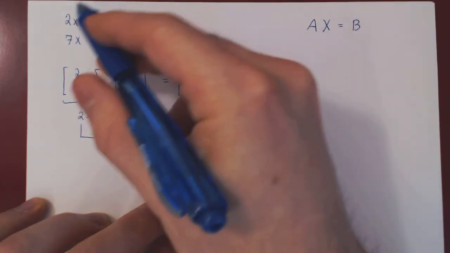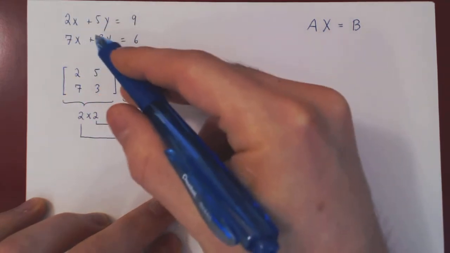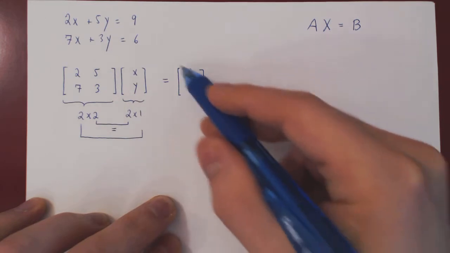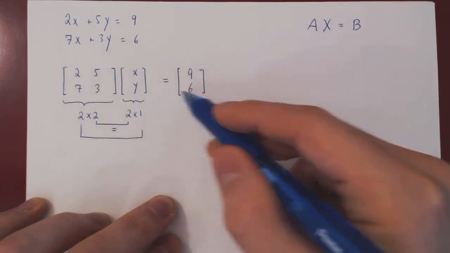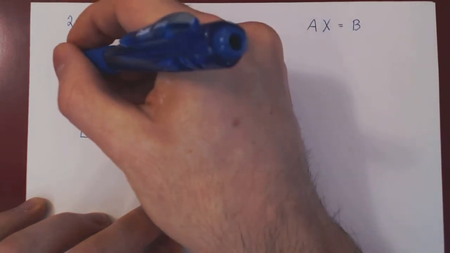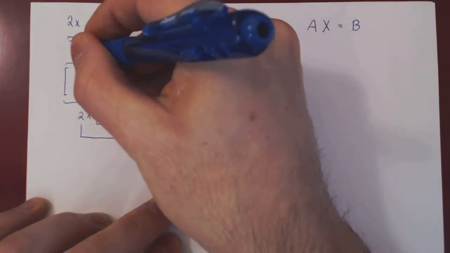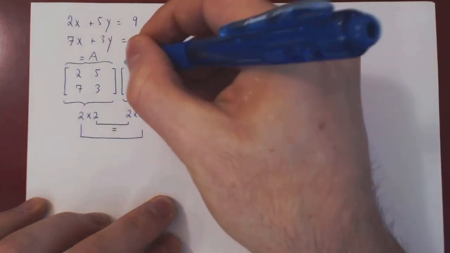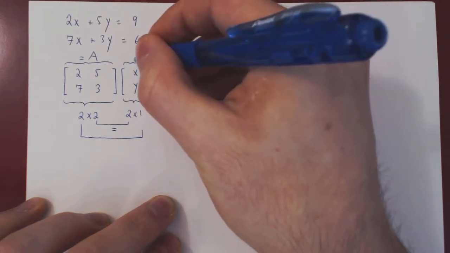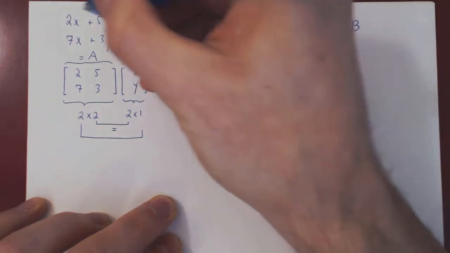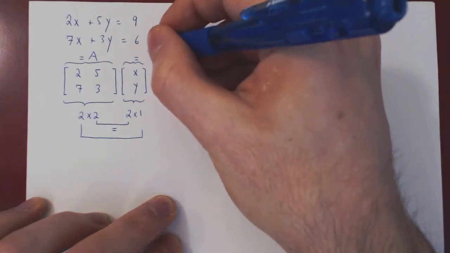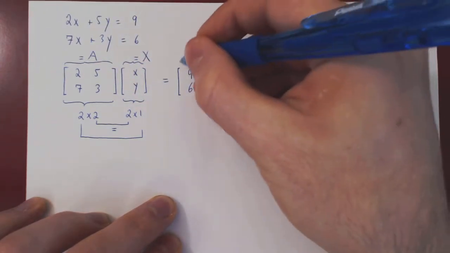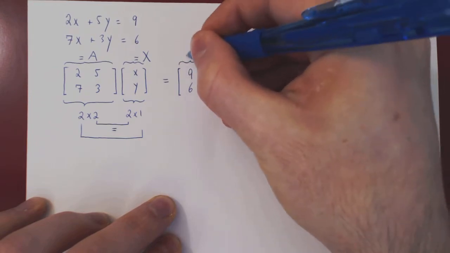We now have rewritten the linear system into an equation with three matrices. A times X equals B. Of course, here we use uppercase X to differentiate from the single real variable x to the column matrix uppercase X equals a column of constants, B.